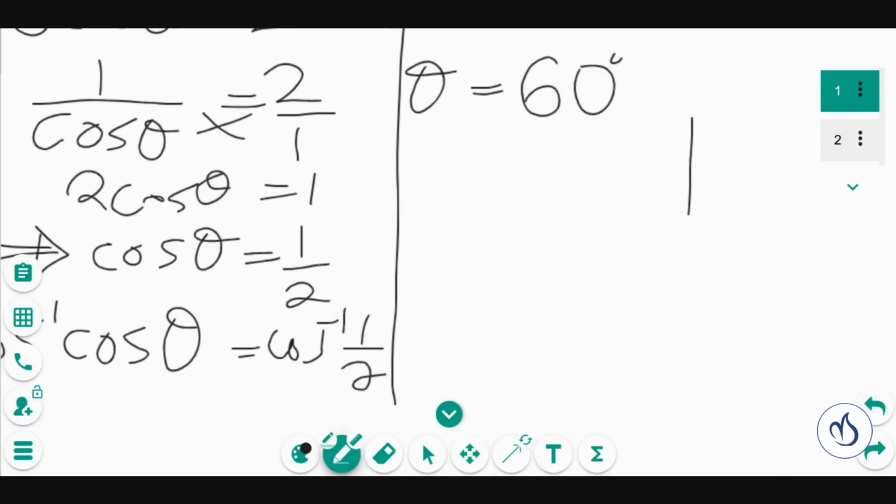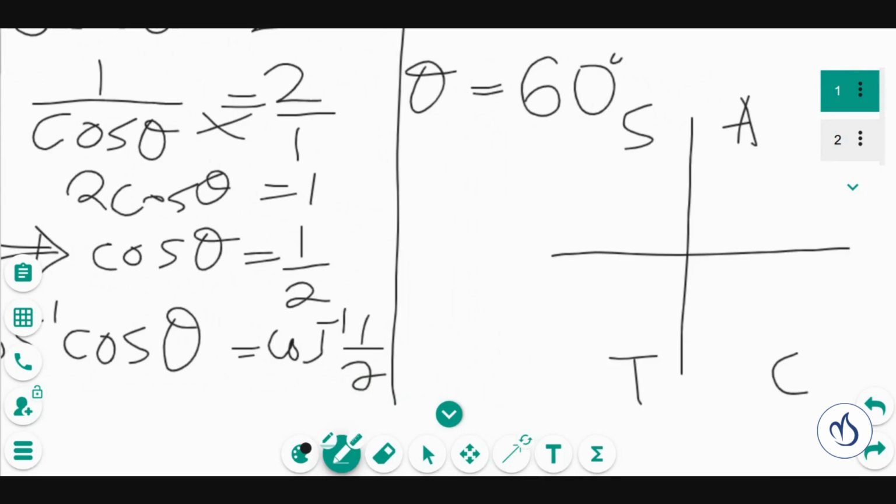I now draw my quadrants. All students take chemistry. Okay, cos of theta was a half. A half is positive. So I'm going to represent this 60 in quadrants where cos is positive.